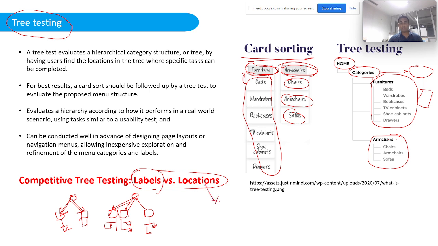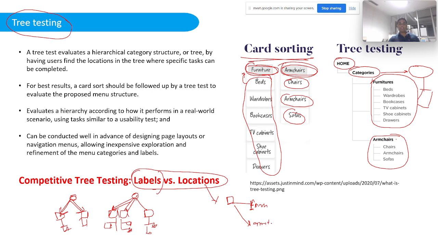However, in order to check the location of a particular sub level, we need not compare between two trees. For example, we have furniture, then we have armchair.